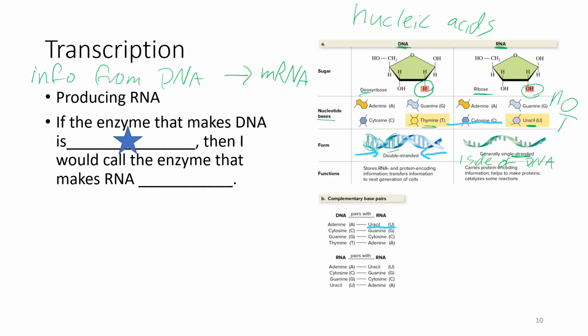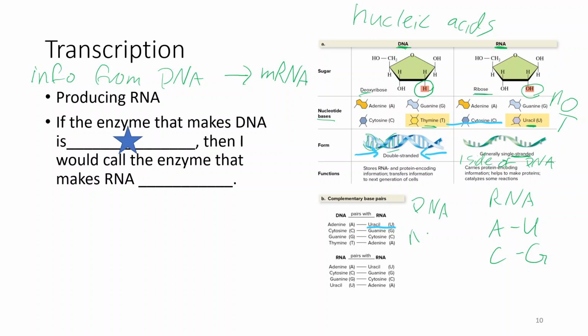Okay, so we are making one strand. So the pairing, by the way, for RNA is going to be AU, CG. So A is still going to be a thing. U is the only one that we're going to see that's different.